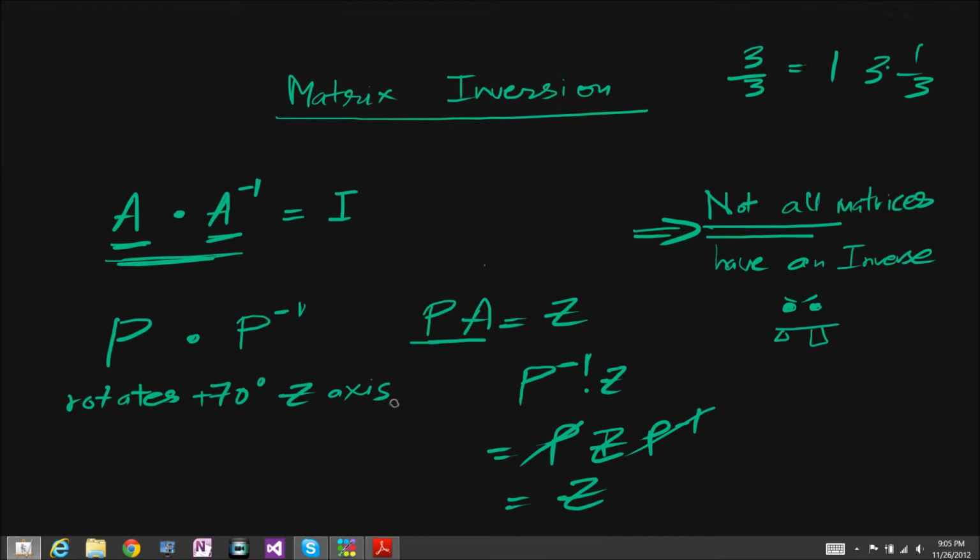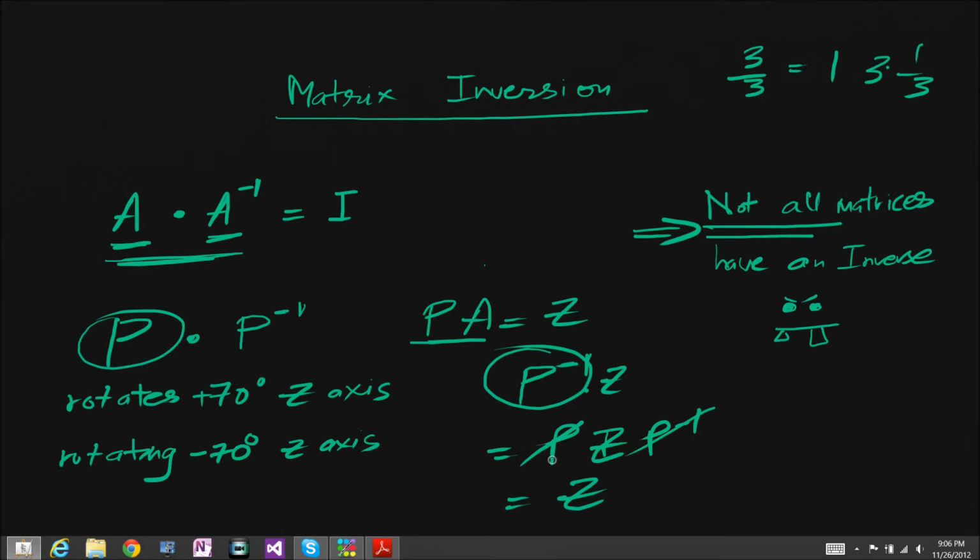And what this means in the game programming world is that we actually undid the effects of the first transformation matrix. So what this matrix really stands for is rotating negative 70 degrees along the z-axis. So undoing the effects of this matrix undoes the effects of this matrix. And what I mean by positive and negative is just if this was clockwise, this would be counterclockwise, just the exact opposite direction.